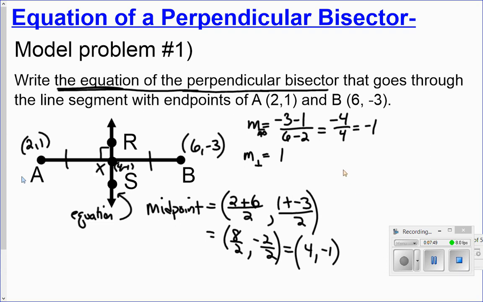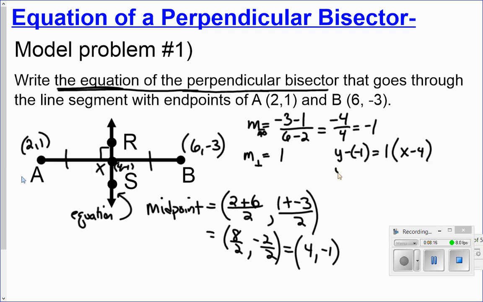So I'm going to use point slope, y minus y1. And remember, the point I'm using is the midpoint, because that's where the line's going through. So y minus -1 equals m, we just said the slope of the perpendicular is 1, times x minus x1. And again, we're using this midpoint here, so 4.